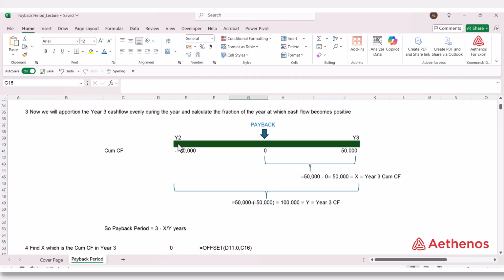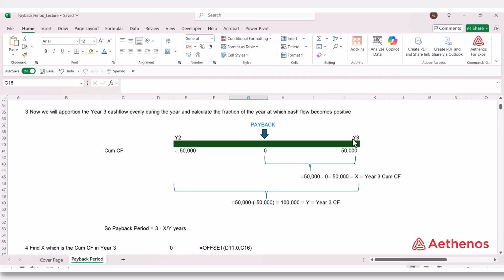So I know from year 2 the cumulative cash flow was negative 50,000 and in year 3 it became a positive 50,000, and somewhere in between is the payback point or the break-even point where the cumulative cash flow has become 0. I also know that from year 2 to year 3 the total cash flow was 100,000. So if I apportion this cash flow evenly across this period, I can calculate the break-even point.